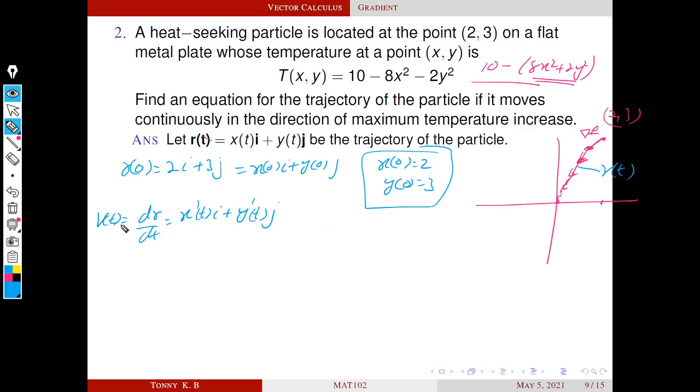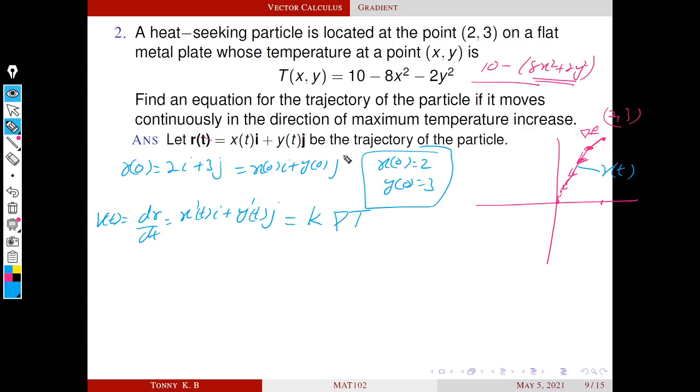So velocity can be written as some scalar times the gradient of T. Velocity can be written as k times del T, the gradient of the temperature function.